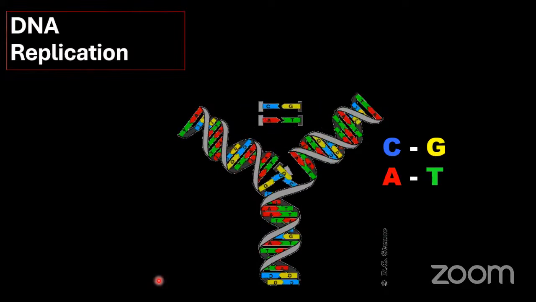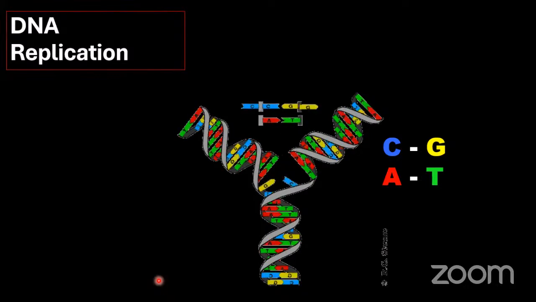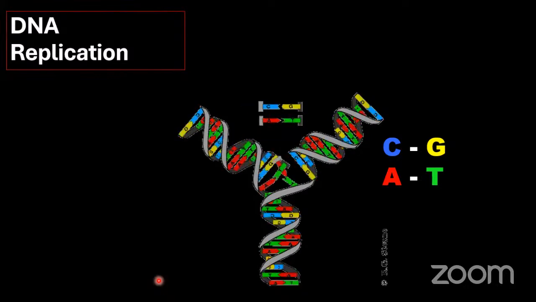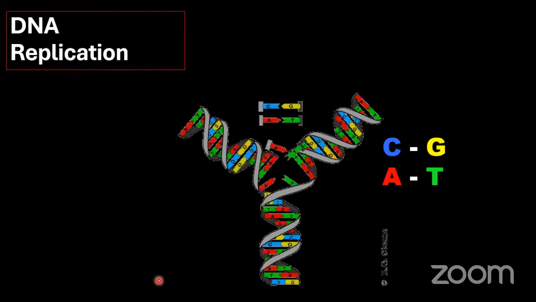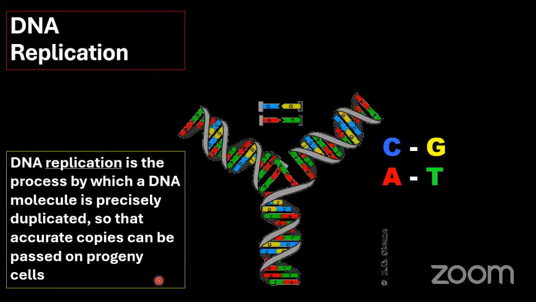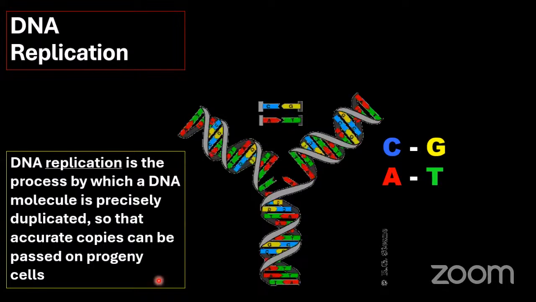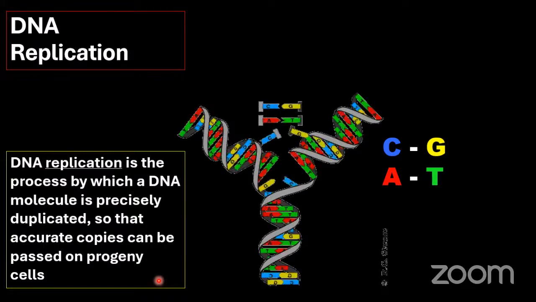Before an organism divides, the DNA must also divide. It must replicate. Replication means the process where the total DNA molecule is precisely copied, duplicated for accurate sequence, and it is now transferred to the next generation.